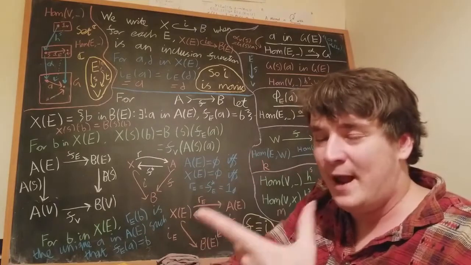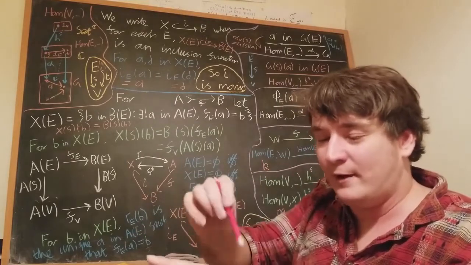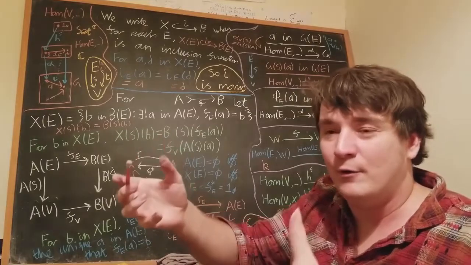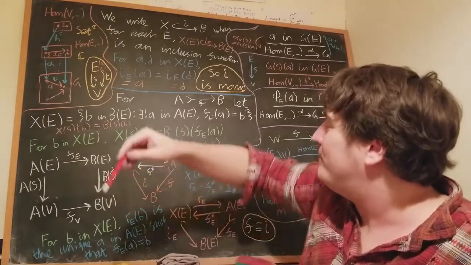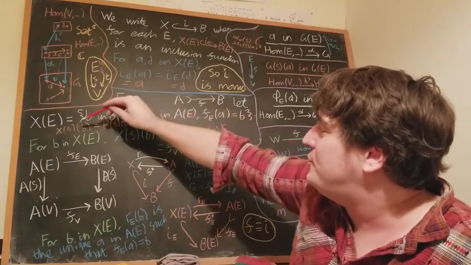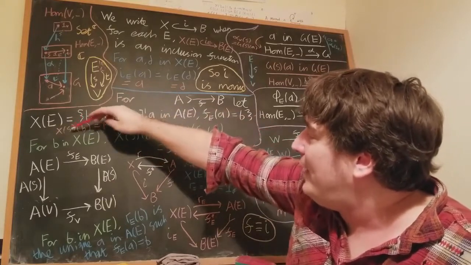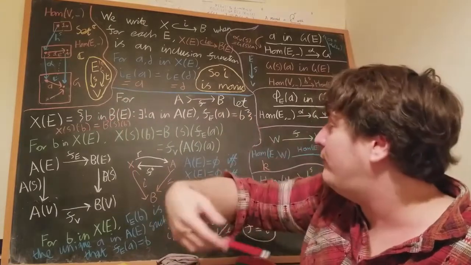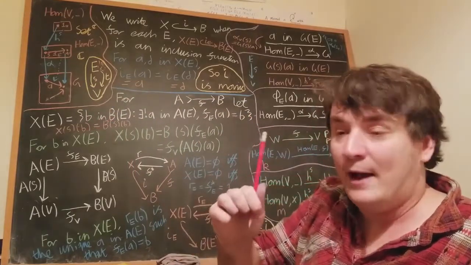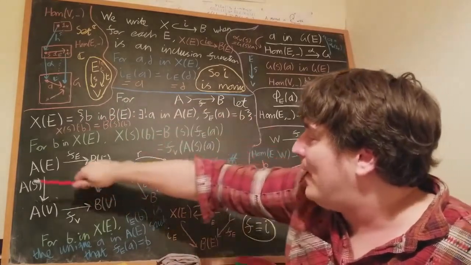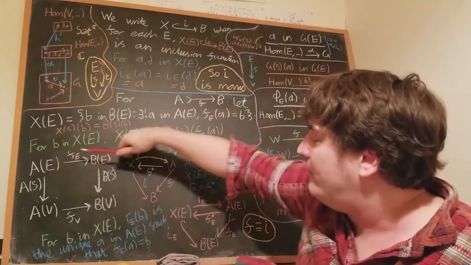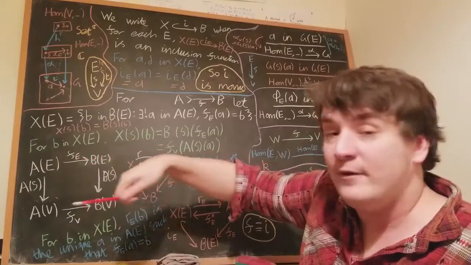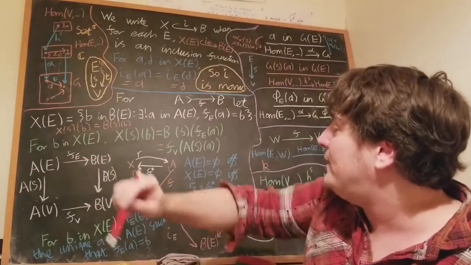If you select an edge in a subgraph, you better select the source vertex and the target vertex, so you do get a real graph. And in a similar way, we want to be sure that if we do this s action on an element of x of E, we get something in x of v. We do get that automatically by the fact that f here is a natural transformation. So let's see that.